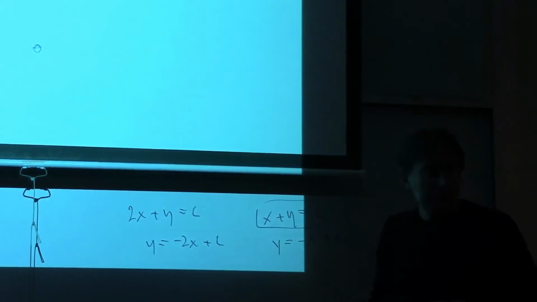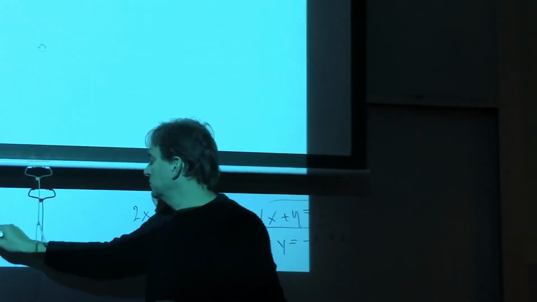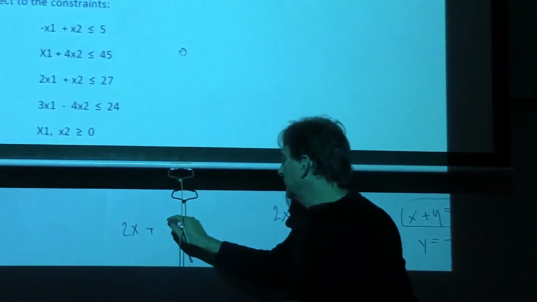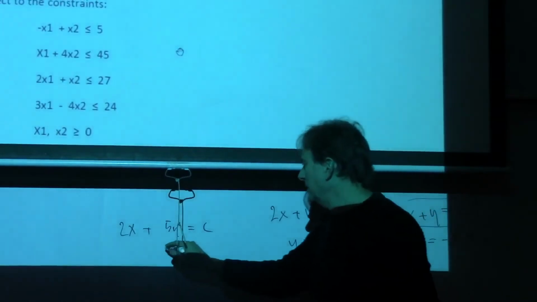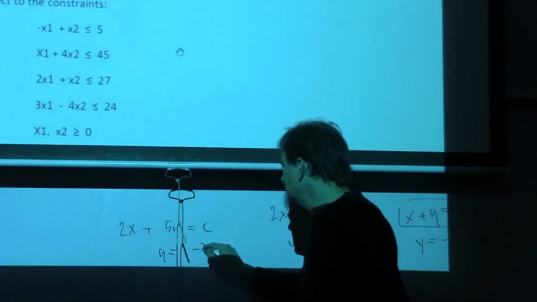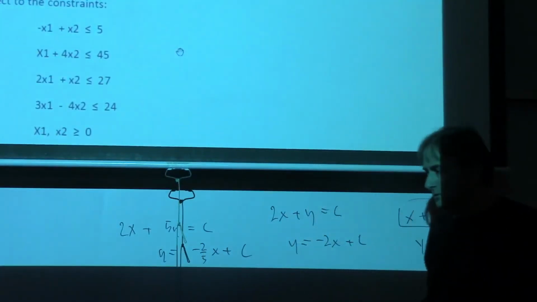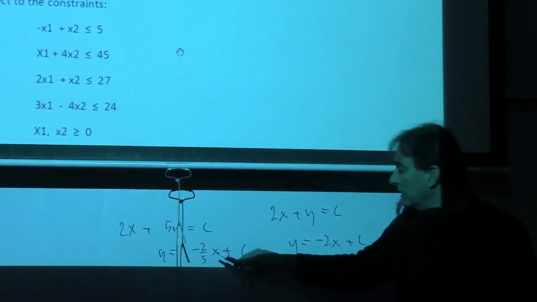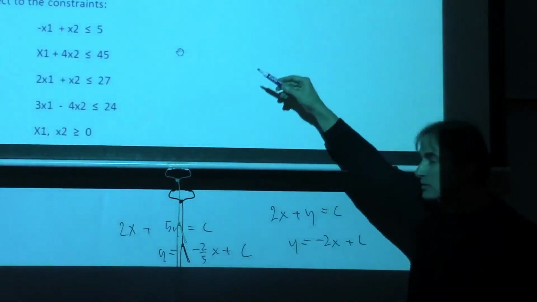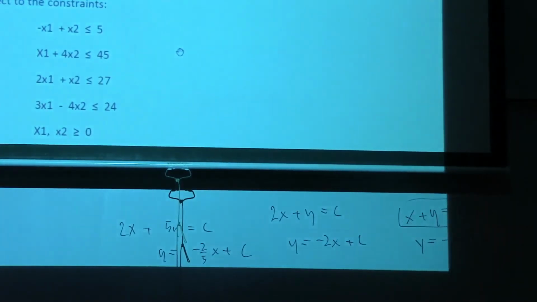If you had another, for example, let's say we want to maximize 2x plus 5y at c, then you would have y is equal to minus 2/5 x plus c. Right? So that line would be coming in from very high above, trying to hit the simplex. Wherever it hits the simplex, that's the point that maximizes the function.